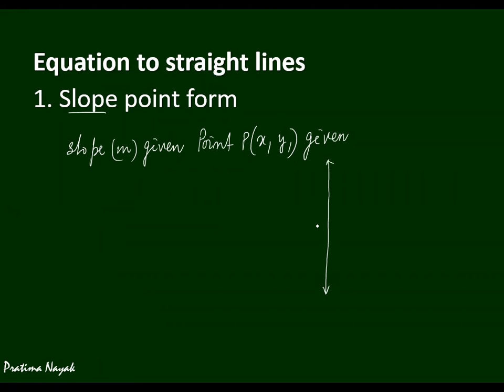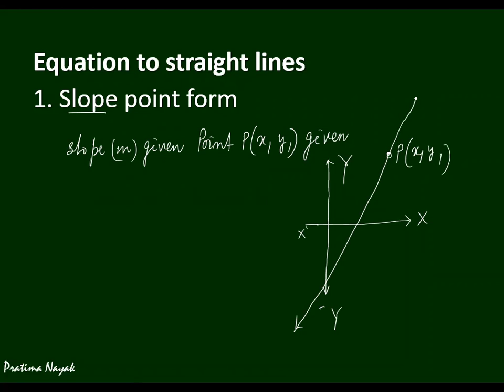So I'm taking a coordinate plane. This is your x, negative x, y, negative y. Here, the line is passing through a point given, whose coordinate is x1, y1, and I'll frame the equation. And of course, m is given.